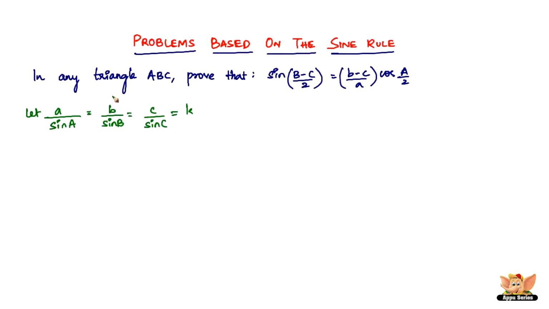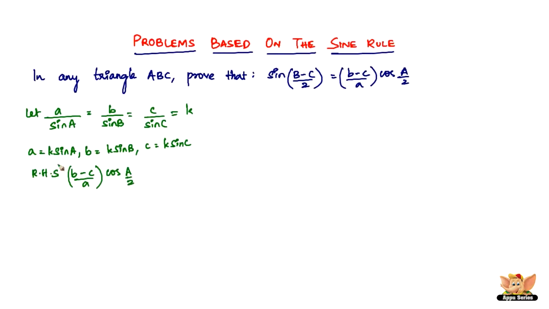So now from this we have a equals k sine A, b equals k sine B, and c equals k sine C. Right? So now let us take the RHS, the right hand side. Taking that, we have (b minus c) divided by a times cos of A by 2.